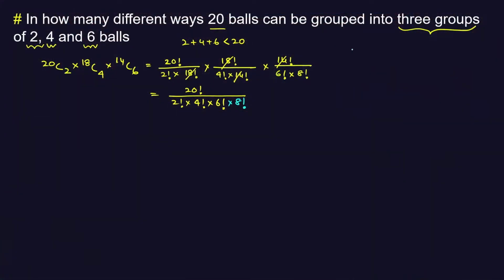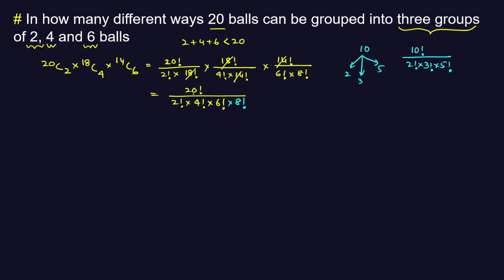Now, why have I changed the color of factorial 8? Because what we have learned so far is that if, suppose, there are 10 balls and you want to group them in 3 groups which will contain, say, 2, 3 and 5 balls or objects, you will directly write the answer this way: factorial 10 divided by factorial 2 into factorial 3 into factorial 5.